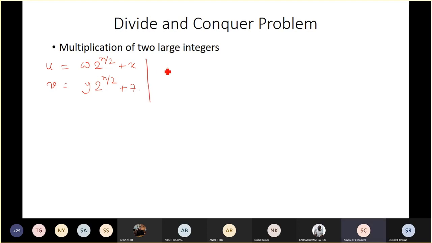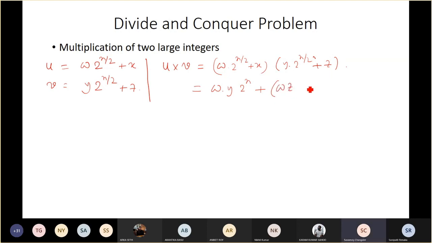Now, if we want to multiply u and v, we can write w into 2 to the power n by 2 plus x and y into 2 to the power n by 2 plus z. Therefore, from here what we can get, w into y 2 to the power n, plus w z, x y.